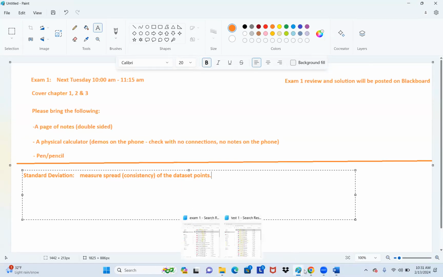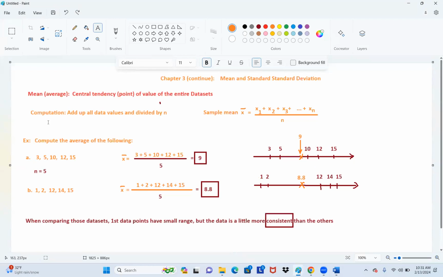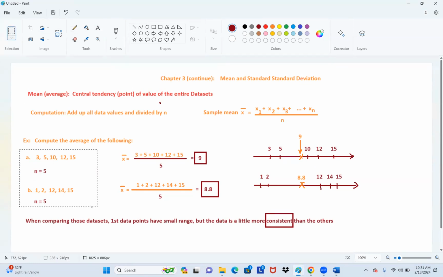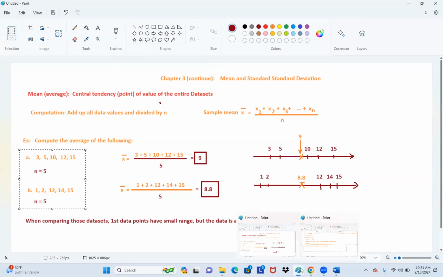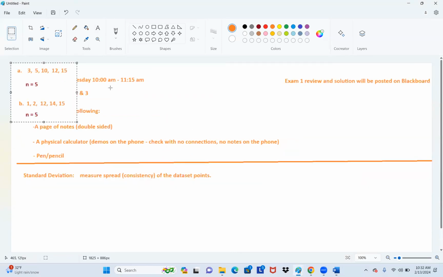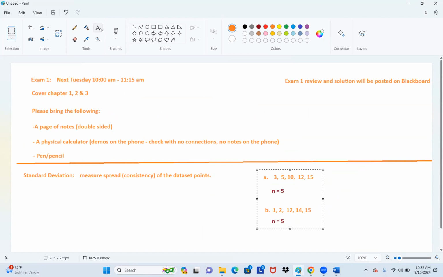Let's say we look at the first two examples. We have the same number of data points, five in each. However, the first one is more consistent compared to the second data set, because you can measure the jumps and they're not as fast as in the second data set.